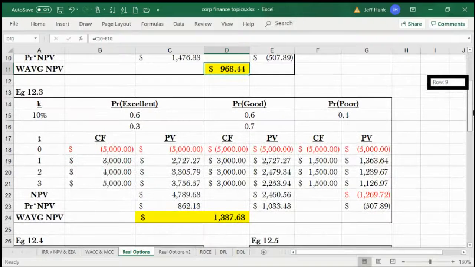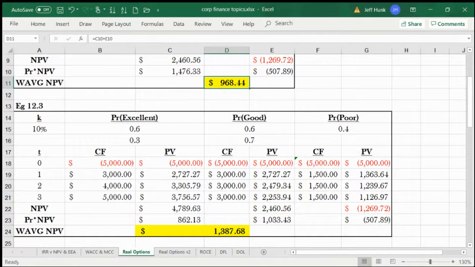So this is 12.3. In 12.3, you have in year one a 60% probability and a 40% probability that it will be good or poor. But from year two, there is a 30% probability that it's going to be excellent, and a 70% probability it will be just good, right?